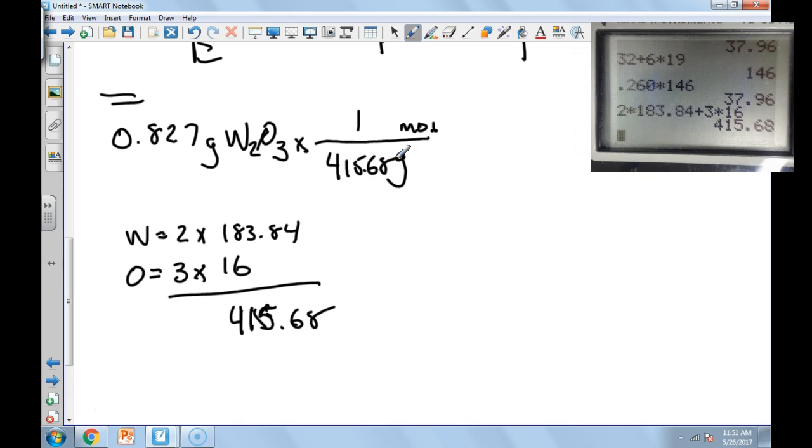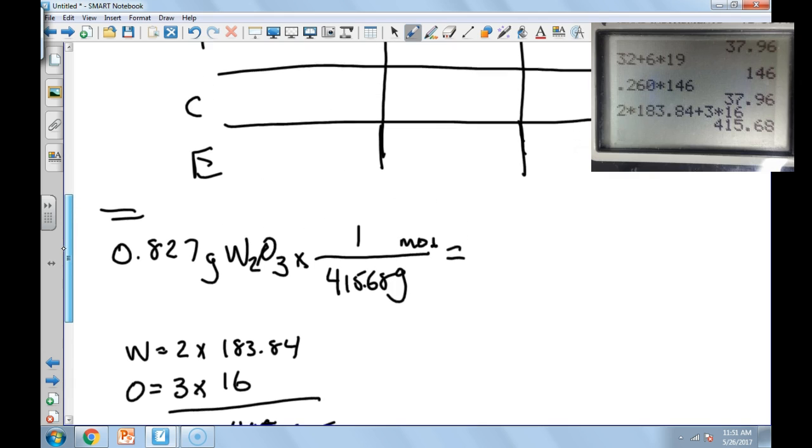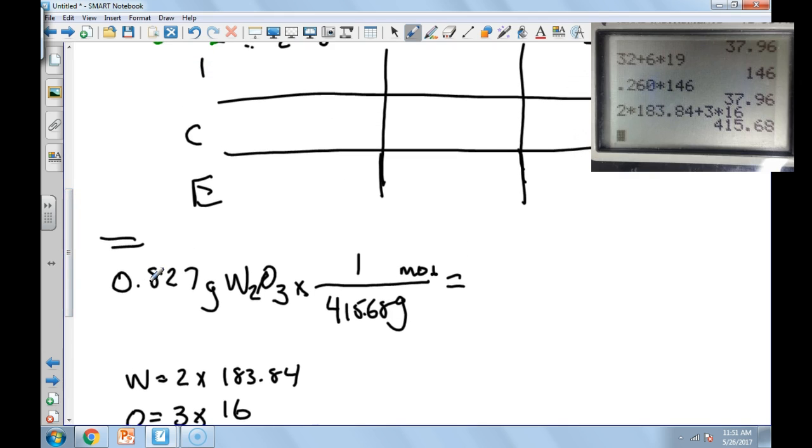Now we do some math. Again, we have to figure out how many moles this is. So we do 0.827 divided by 415.68.